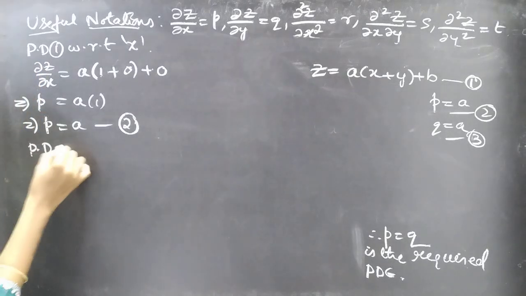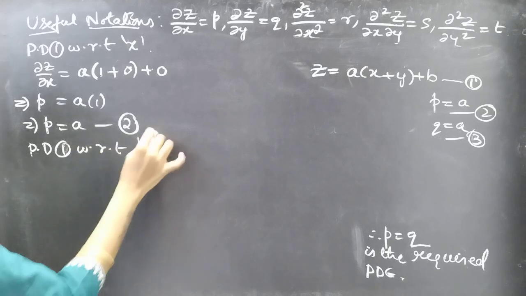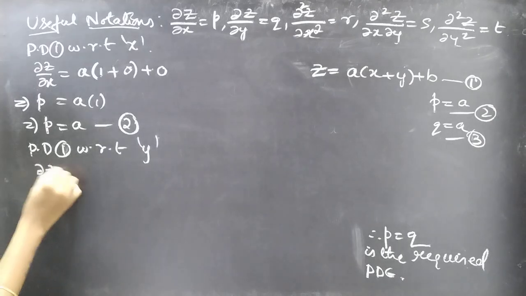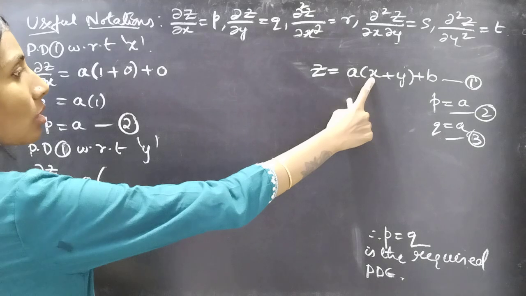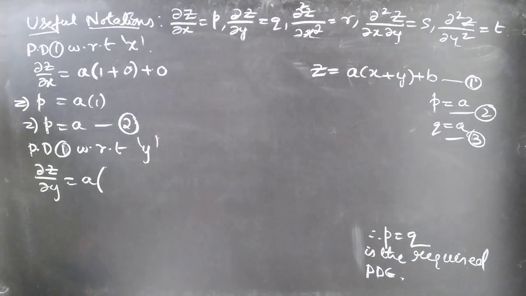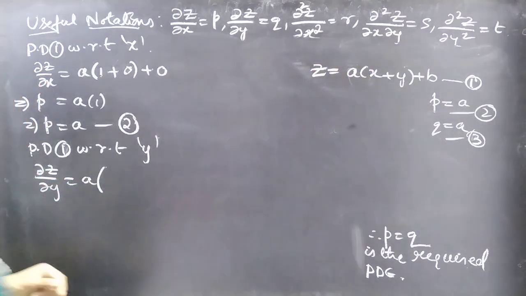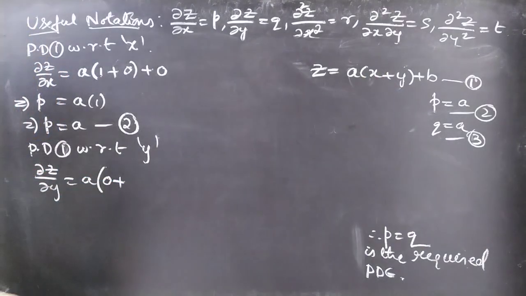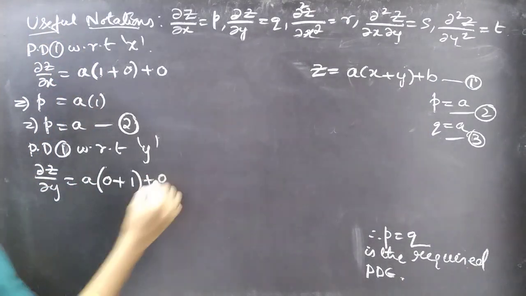Now partially differentiating 1 with respect to y, we get dou z by dou y equal to a into the partial derivative of x, which is a constant since we are partially differentiating with respect to y, so we treat x as constant here. The partial derivative of a constant with respect to y is 0, plus the partial derivative of y with respect to y is 1, plus the partial derivative of a constant with respect to y is 0, right?